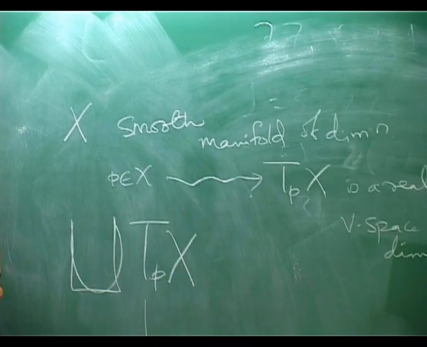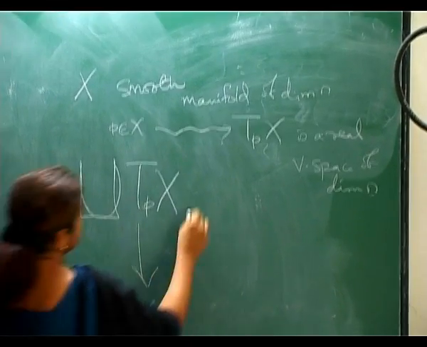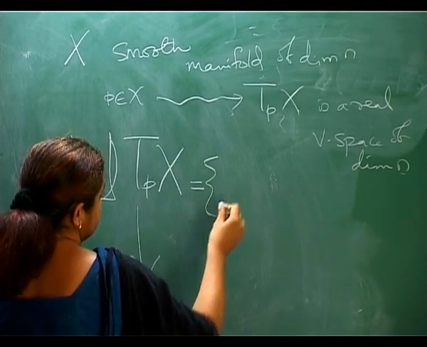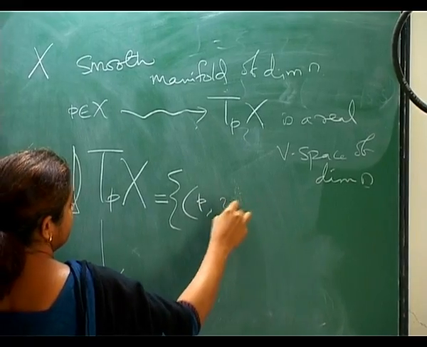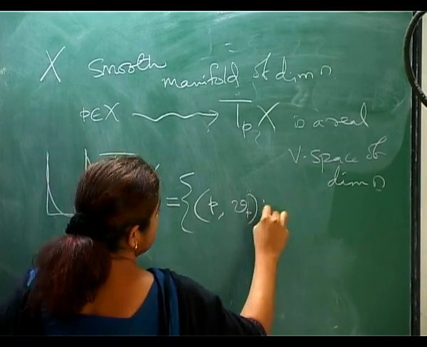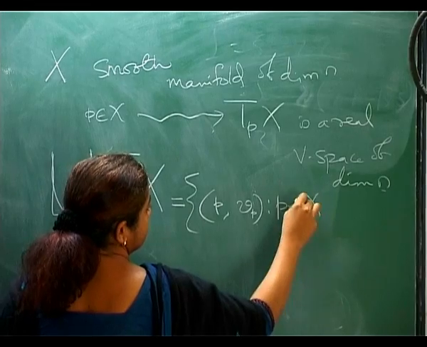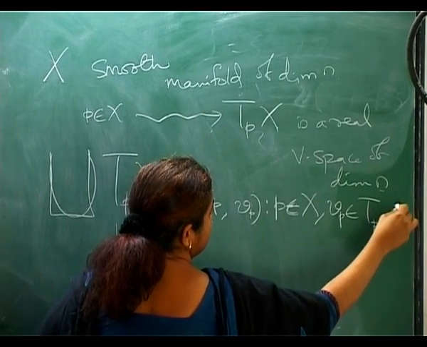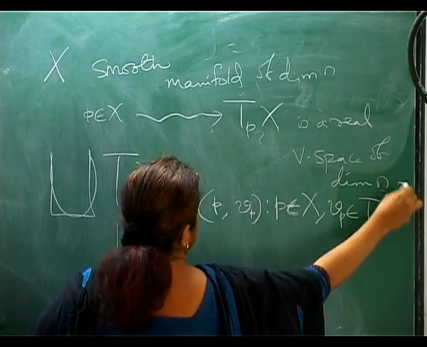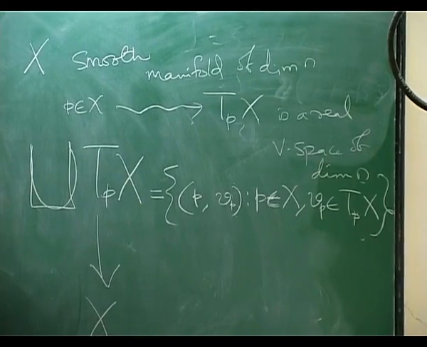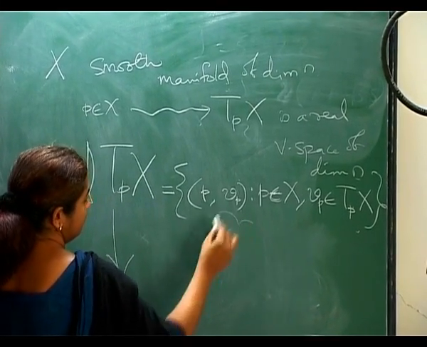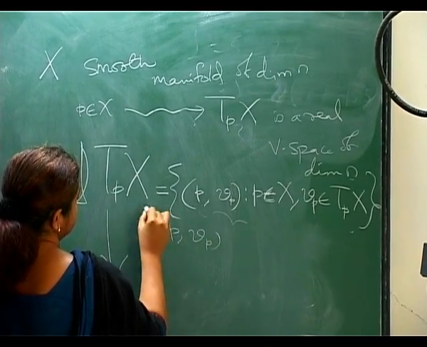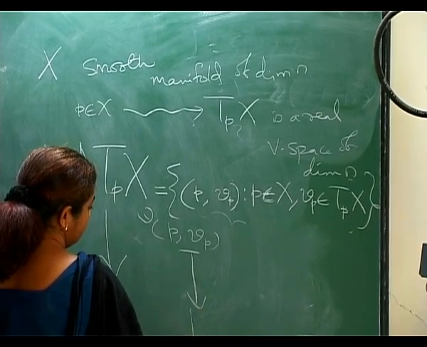This actually admits a map to X itself, because this is precisely the collection of all pairs P and the vector Vp, where P is a point on X and Vp is a tangent vector at this particular point on X. For any such pair, you send it to the point P.